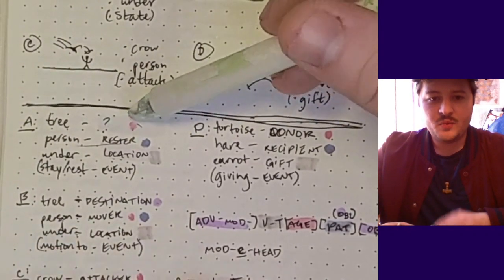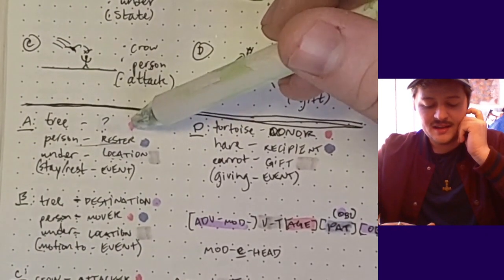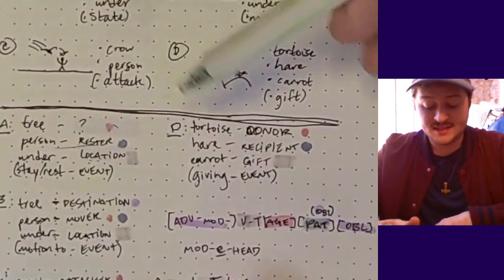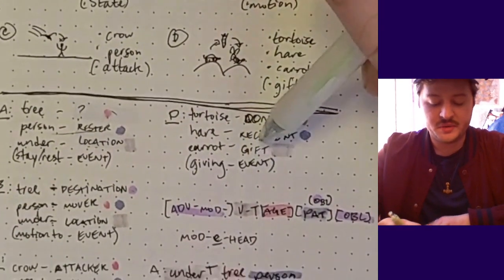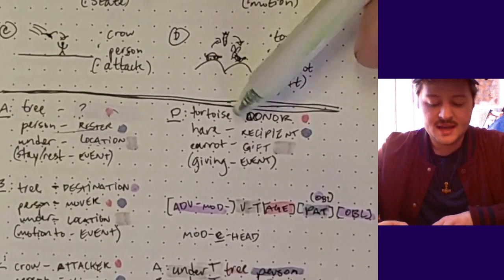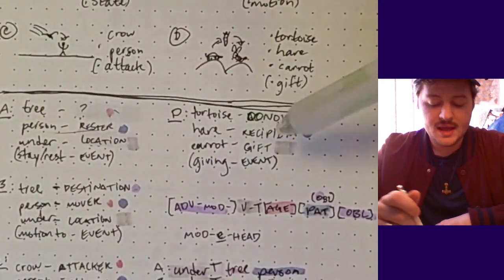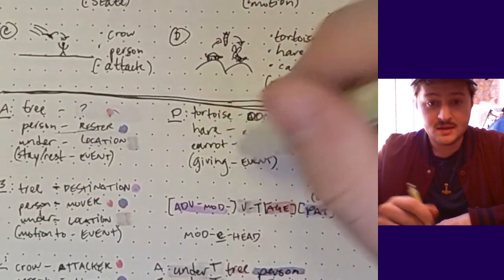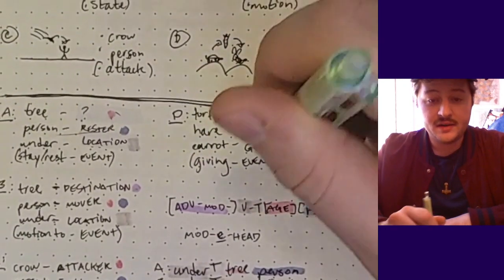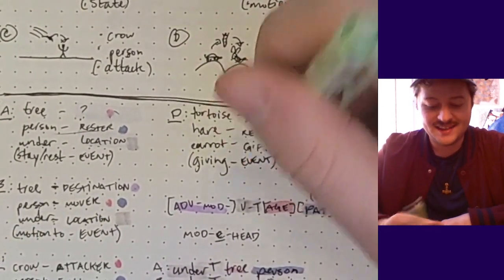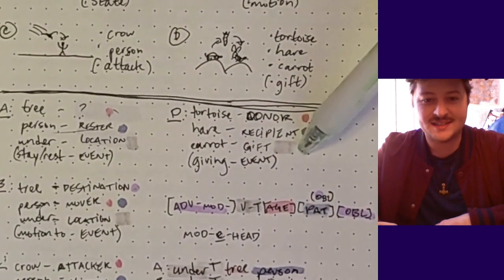And the way that we can justify that in this syntax is with this very strange thing that we're doing with these ditransitives: the carrot is the gift, the carrot is what is happening, is what we decided our syntax is going to do.